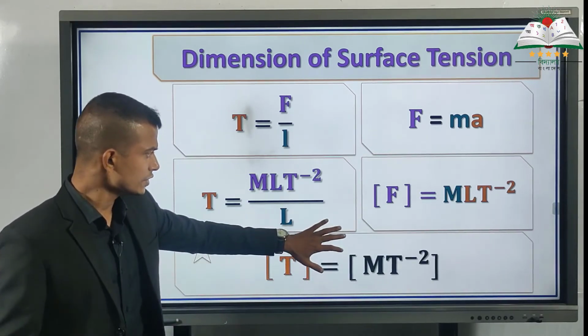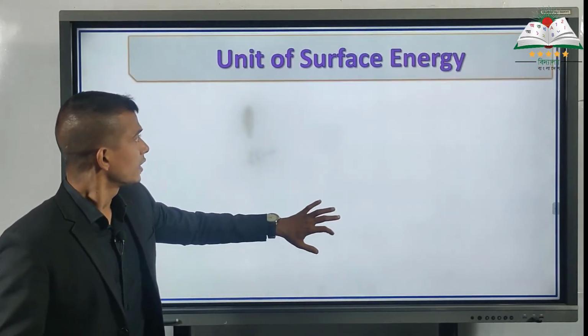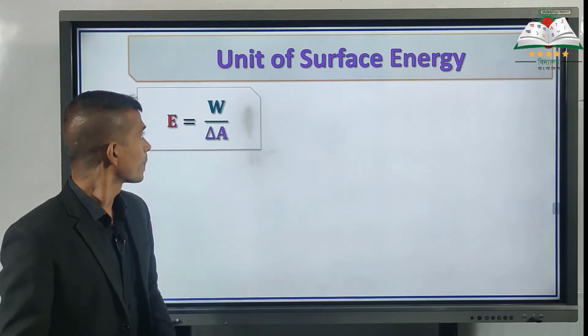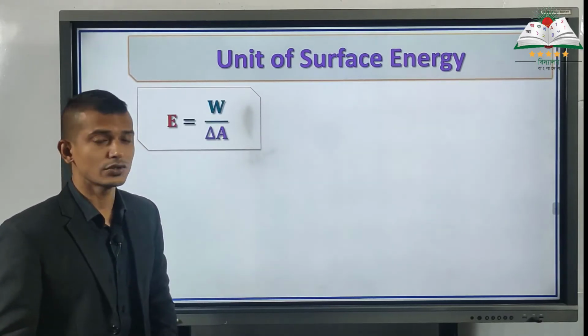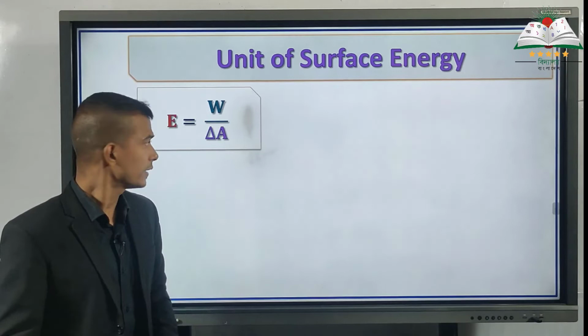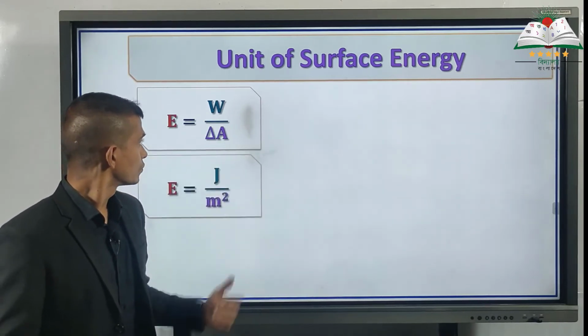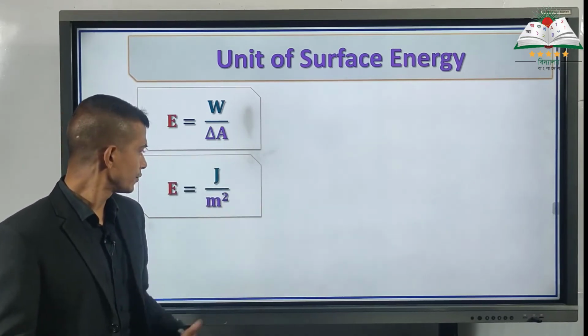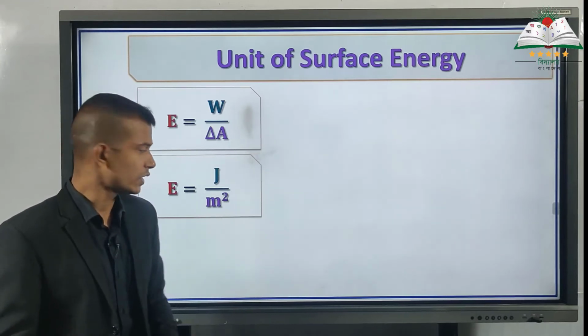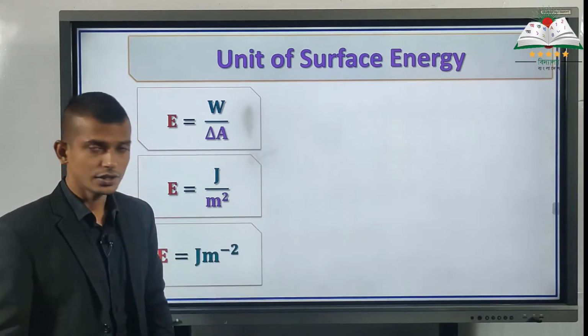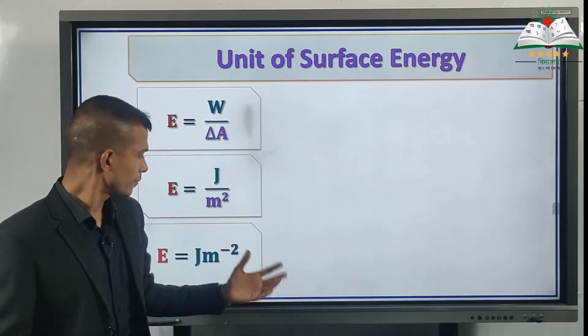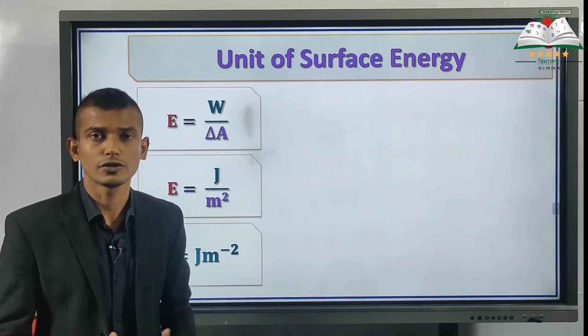Okay, this is important. Now the unit of surface energy, E equals W by dA. Work done has a unit of joule, SI unit, per meter square. So the unit becomes joule per meter square, but we want to find out the value of joule.